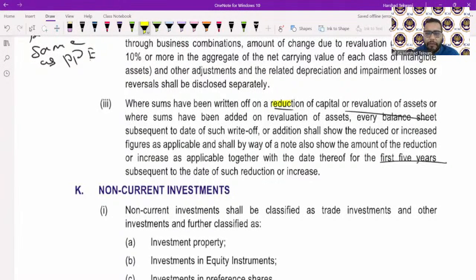So in case of a reduction of capital or revaluation of asset, you need to show reduced or increased figures by way of a note for the first 5 years subsequent to the date of reduction and increase. Clear?